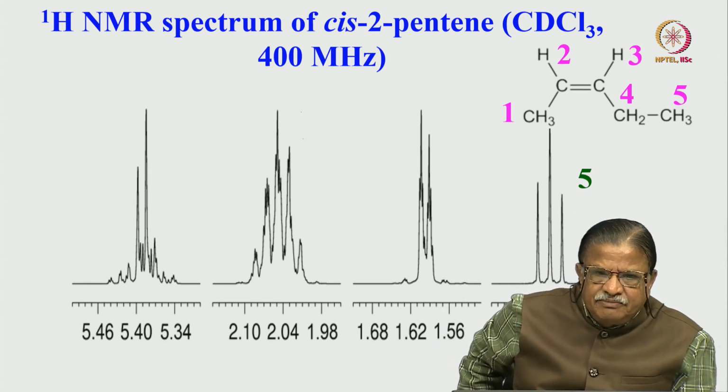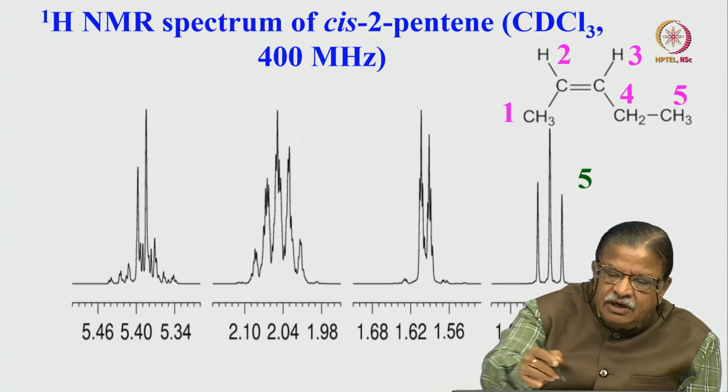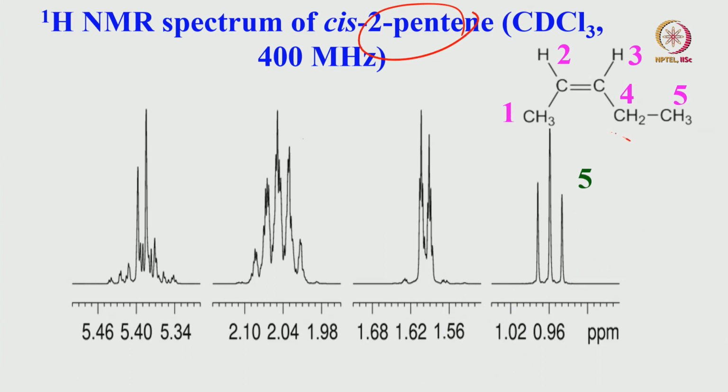This is a NOESY spectrum of cis-2-pentene. This is the structure of the molecule. All the protons have been numbered. You can interpret the spectrum without any difficulty, because we know that this is proton 5 in the high field region. It is a triplet because of the CH2.